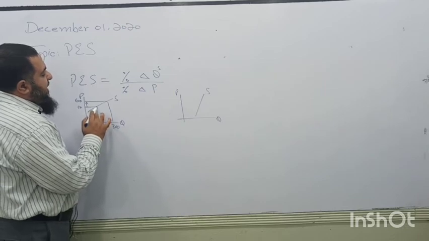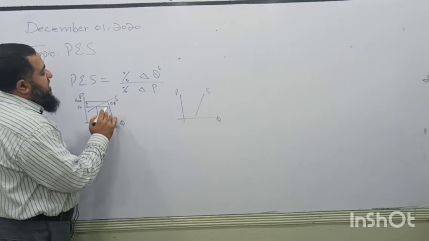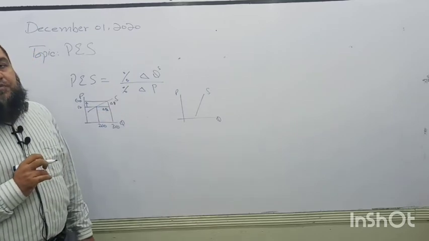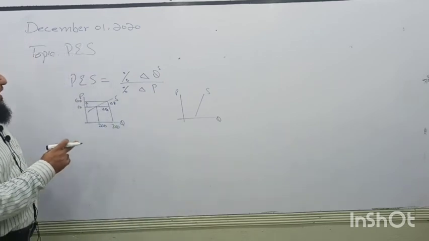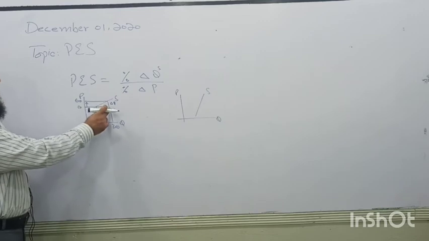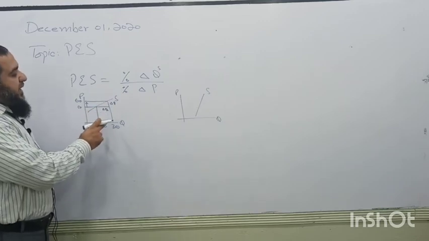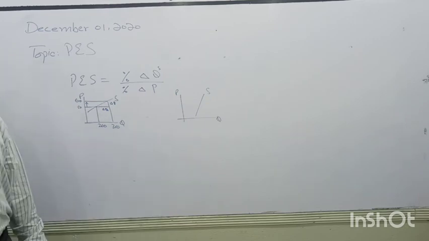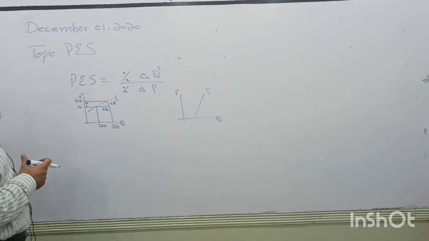If we draw the geometry of this graph, this is the change in price and this is the change in quantity. So proportionately we can observe that quantity supplied is showing more response than the change in price of the product.